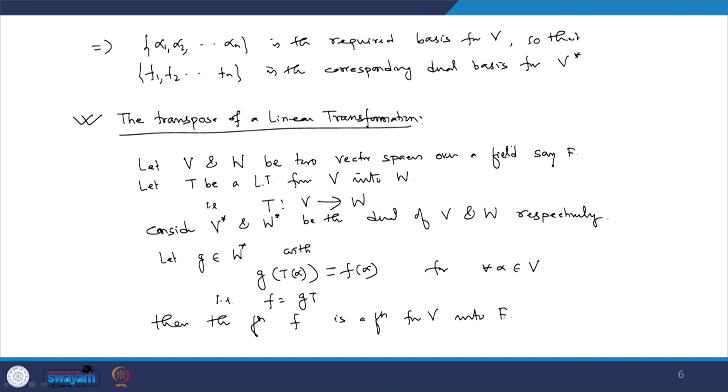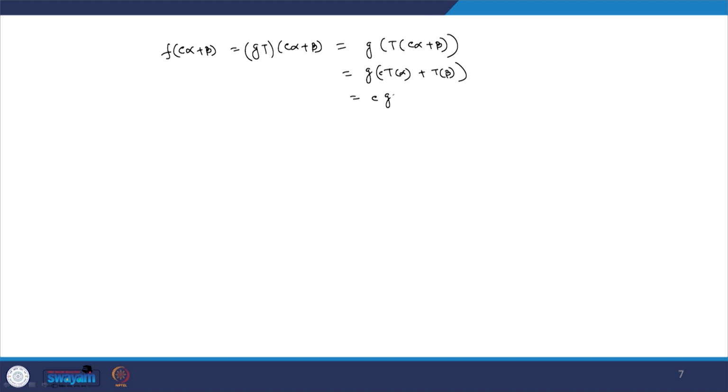Okay. So, if I consider f of C alpha plus beta, equal to G T of C alpha plus beta, which is equal to G of T of C alpha plus beta, which is G of C times T of alpha plus T of beta, which is again C times G T of alpha plus G T of beta.